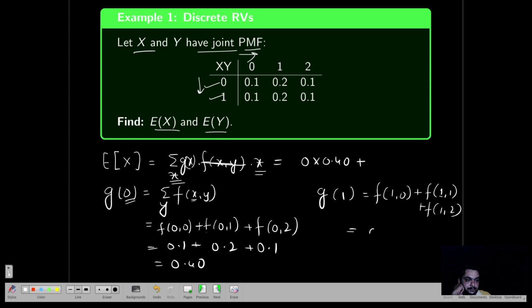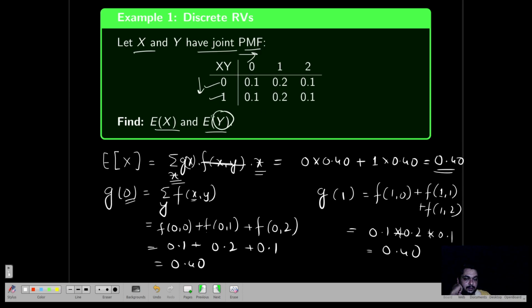So it will be 0.1 into 0.2 plus 0.1, this is 0.40 plus, what is the x value here? 1. 1 into 0.40. So this will be equal to 0.0.